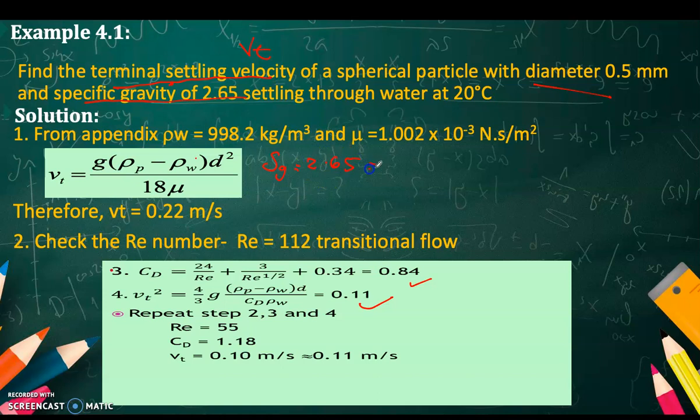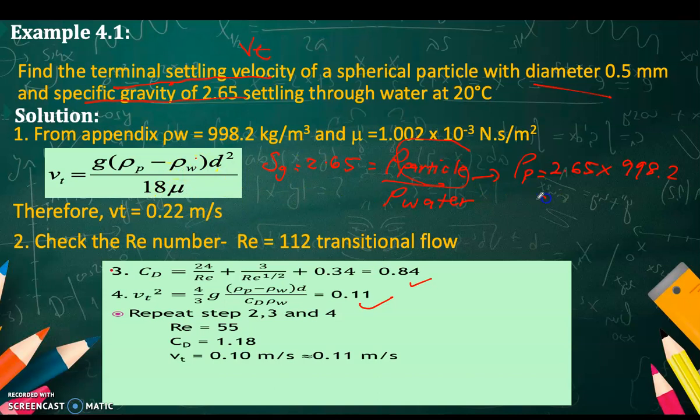Sg equals the density of the particle over the density of water. So you will know rho p equals 2.65 times the density of water, 998.2, so you get 2650 as in your textbook.